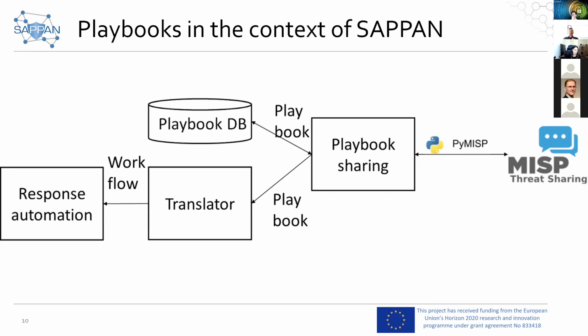We envision that an organization has a database of Playbooks, and some of the Playbooks are shared if they are useful. For example, if we report some incident as a CERT team, I'm a little bit affiliated with the CERT team of CESNET, and CESNET connects multiple organizations and reports incidents to them.